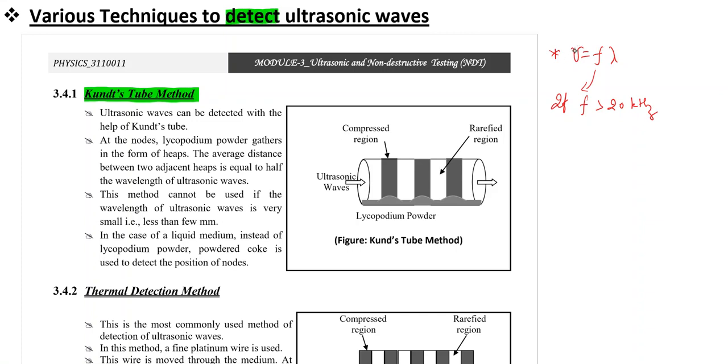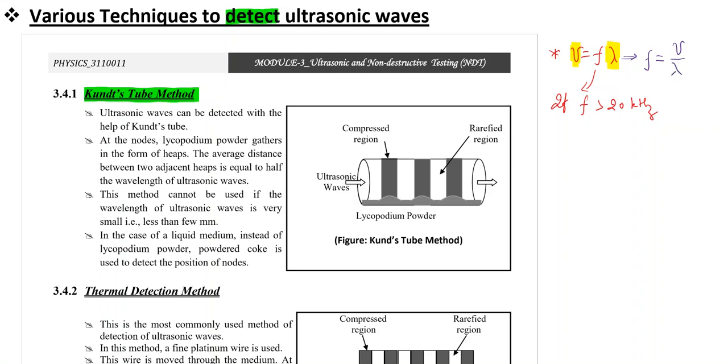So this is a known quantity. In all these detection techniques, what we have to find out is the wavelength of ultrasonic waves. Once we find lambda, we can find the frequency by the relation F equal to V upon lambda.